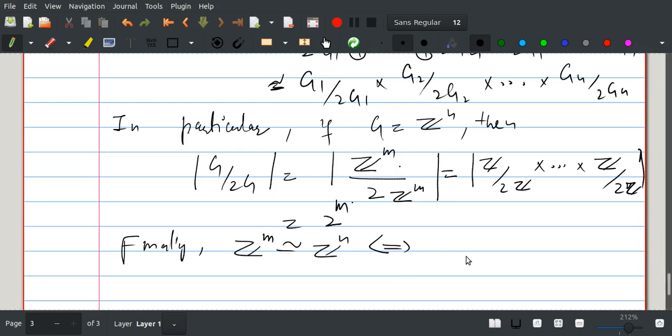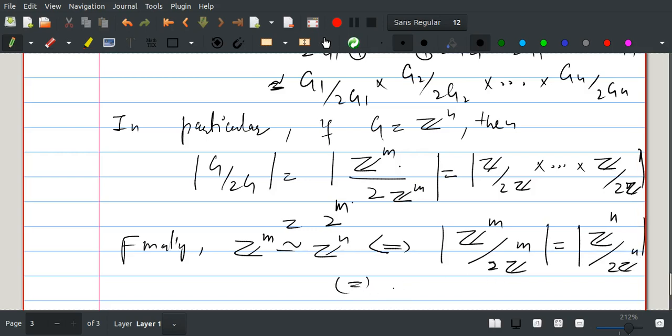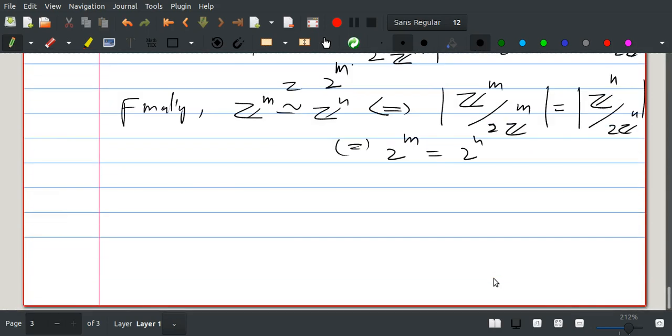That is, if and only if the size of Z^m mod 2Z^m is the same as the size of Z^n mod 2Z^n, which is if and only if 2 power m is equal to 2 power n, and which is true if and only if m is equal to n. Hence we are done.